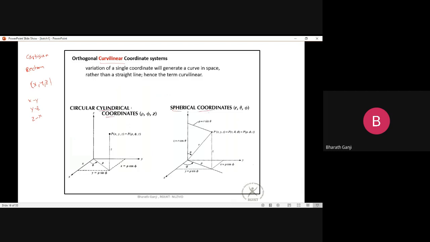One common mistake students make about these coordinate systems is thinking rectangular coordinate system means it looks like a rectangle, cylindrical coordinate system means it looks like a cylinder, spherical coordinate system means it looks like a sphere. It is not like that.